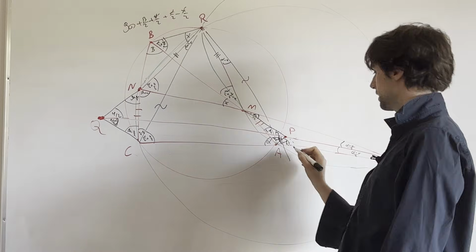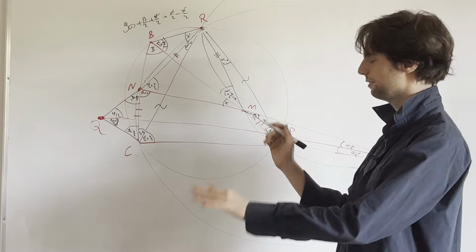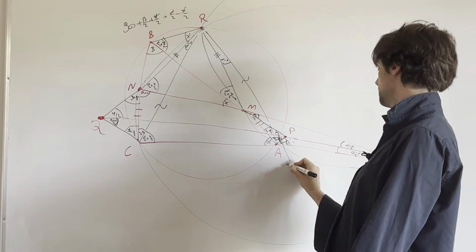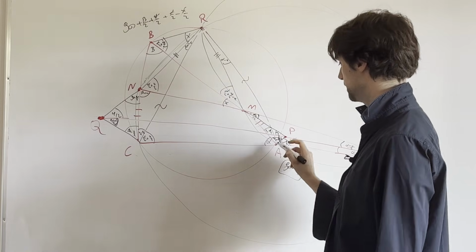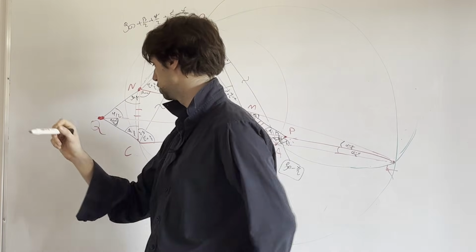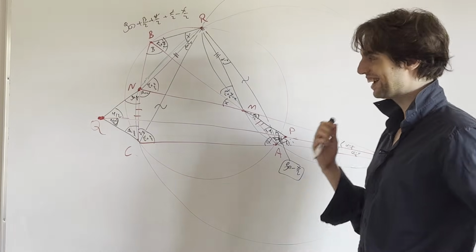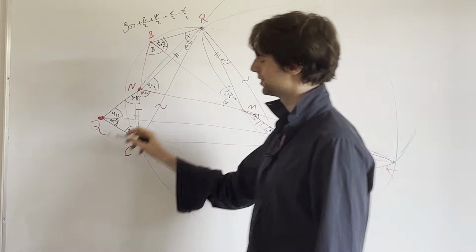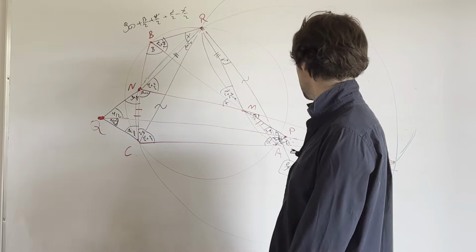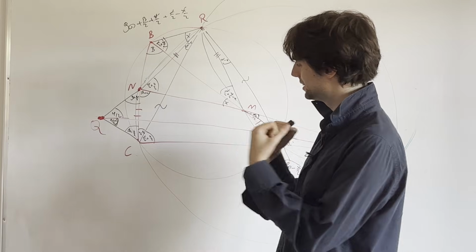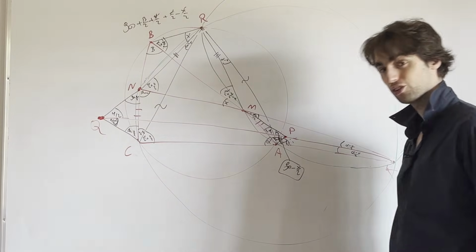Alpha half minus X, gamma half plus beta half over 2, gamma half plus beta half, and then we have 90 minus X over 2 is APQ. Now we're not quite there yet. The sum of these two angles is 90 plus beta over 2. It doesn't quite seem like we're there yet, but it seems like we're getting closer and closer to a resolution to this problem.